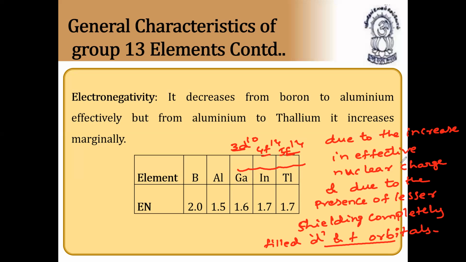Due to this, the electronegativity also increases from gallium to thallium. So the decreasing order of electronegativity is boron greater than thallium, thallium equal to indium, greater than gallium and aluminium.